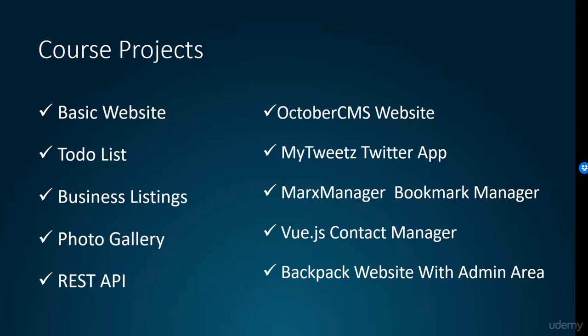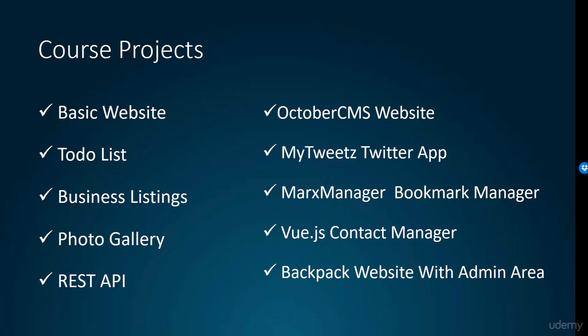So these are the projects that we'll be creating. Now, my goal with this is to create projects that use different technologies along with Laravel, because I don't want this to be repetitive. I don't want every project to be the same, just switching up the resource. All right, so in the first project, we're going to build a basic website with Laravel.